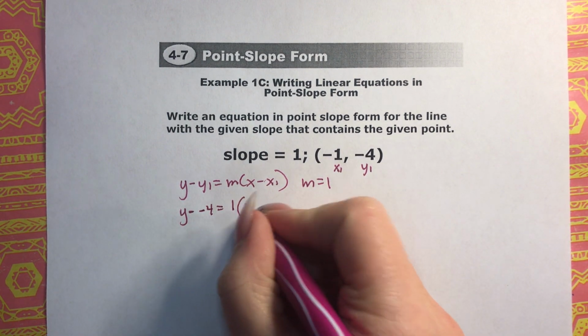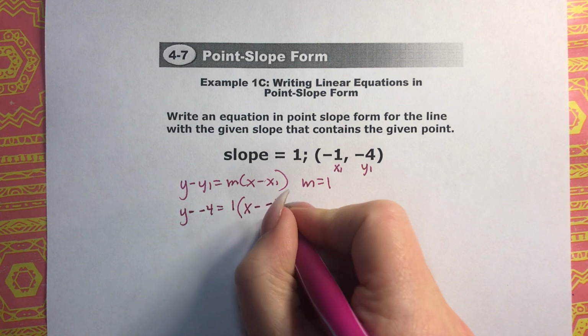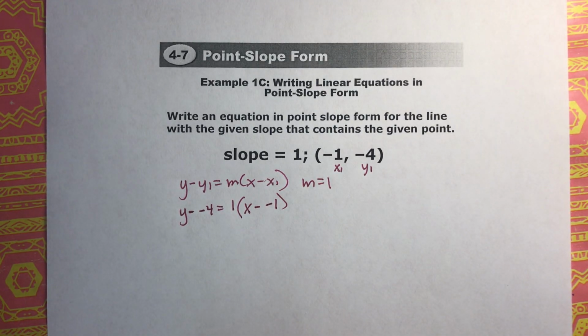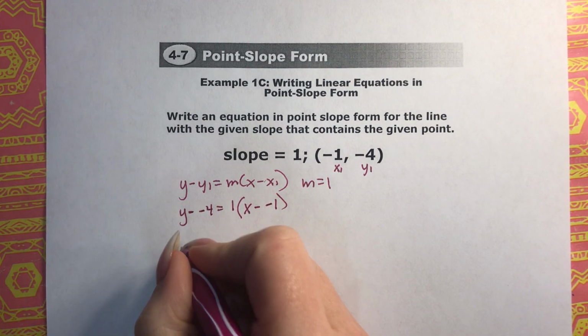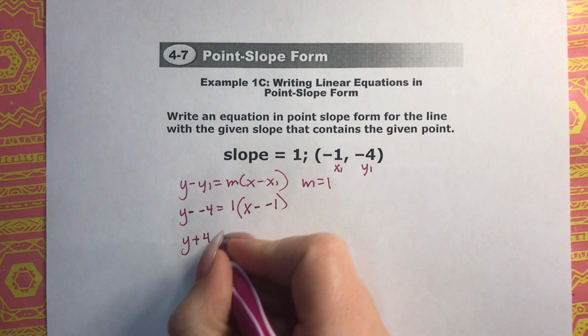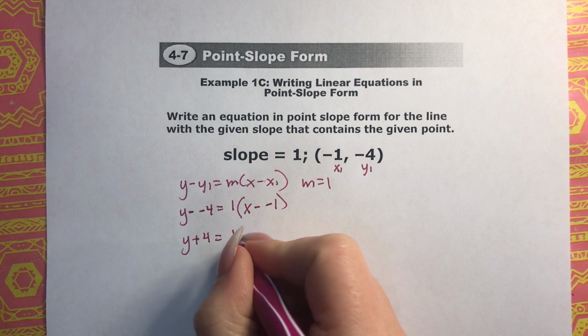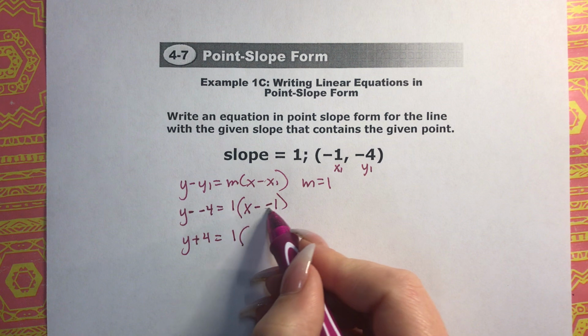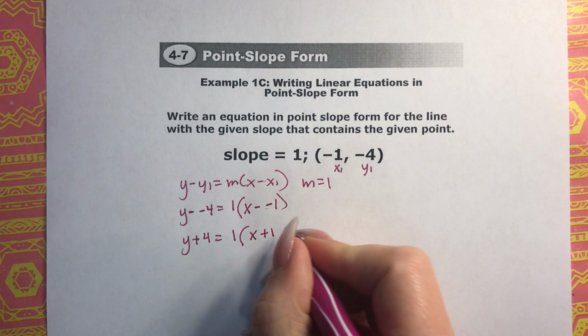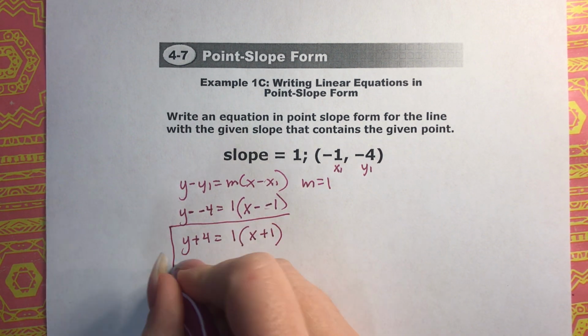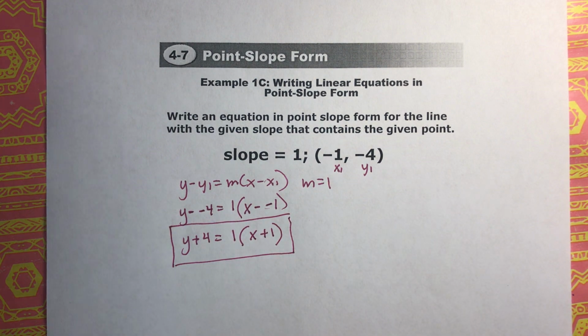And I have x minus my x1, which is -1. Now I have to do a little bit of simplification here. These 2 negatives actually end up being a positive, so I need to write y plus 4 equals 1 on the side, and then this simplification is x plus 1 here.